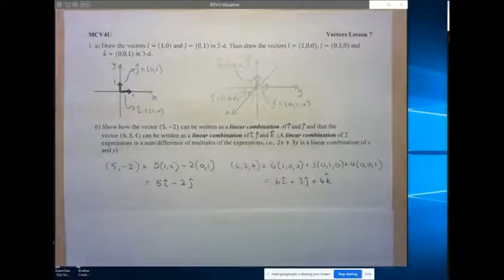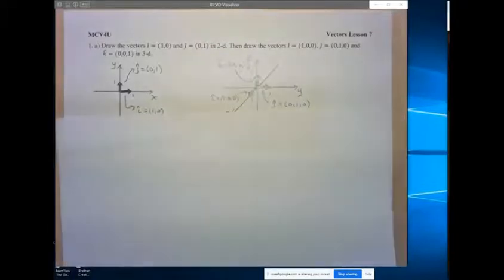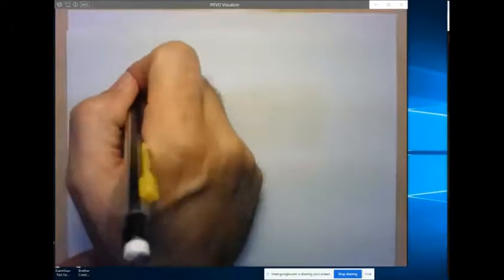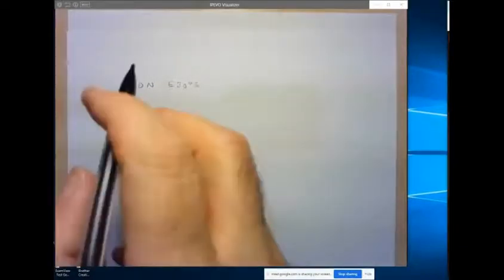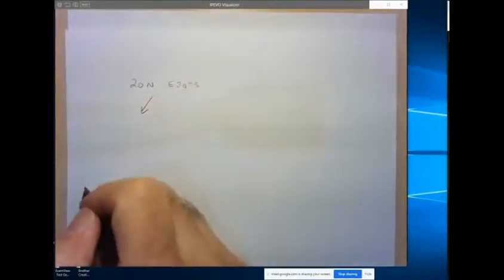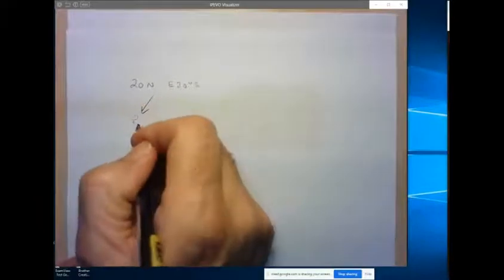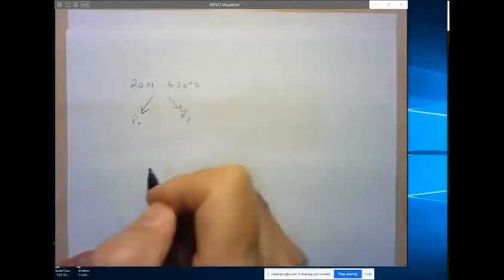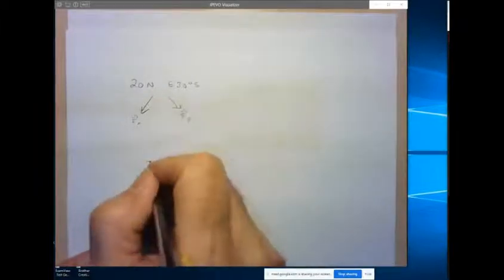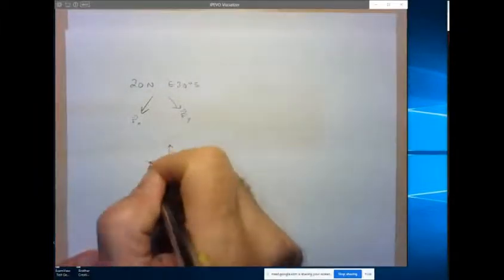But what you do in physics is you take, say, a vector, 20 newtons east, 30 degrees south, and then you write that as the sum of an x component of the force and a y component of the force, in other words, a horizontal component and a vertical component.